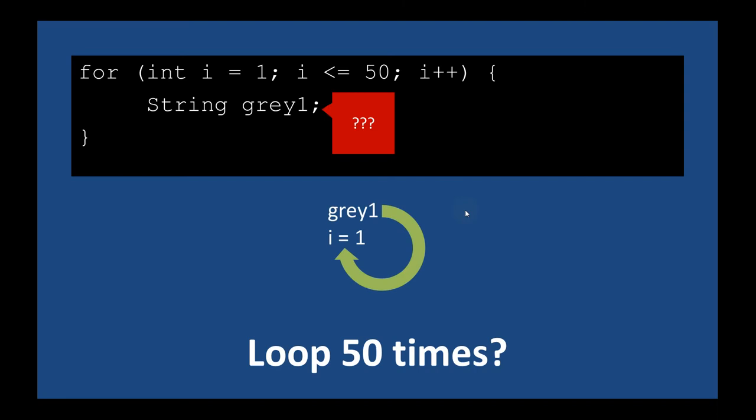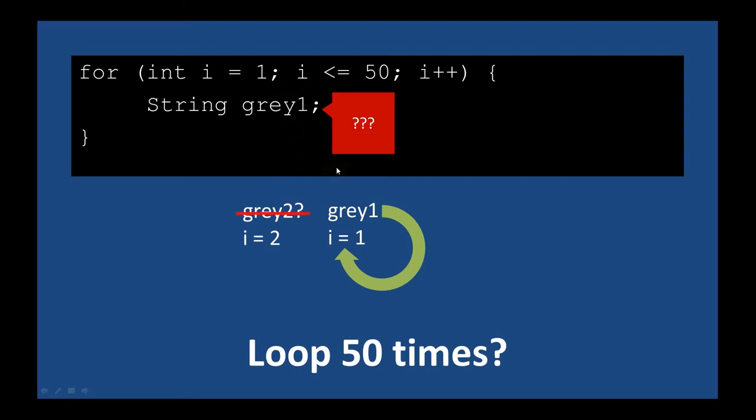because the first time the loop starts, i equals 1, and it declares a variable gray1. But then when i equals 2, it doesn't declare the variable gray2. We want this one to be gray2 at that time, right? It doesn't become gray2 because this is the name of the variable and it doesn't change.